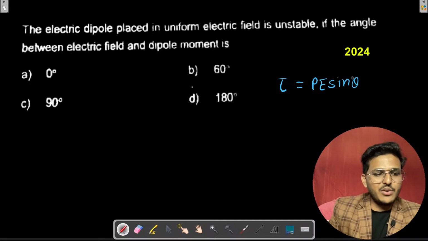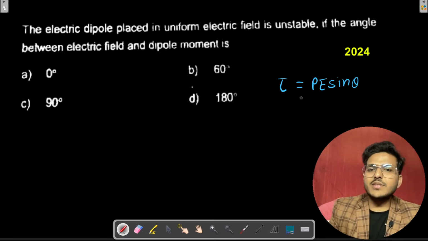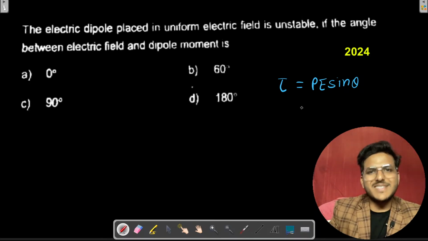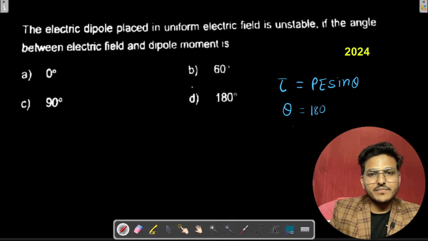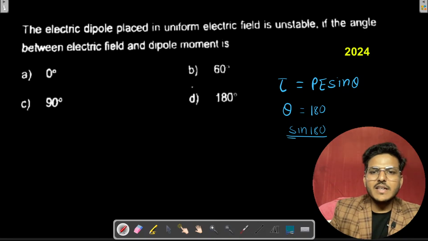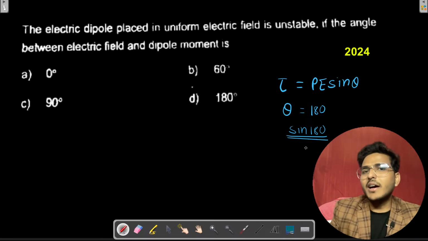The stability depends on this theta. Now, theta equals 180 degrees, then sin 180 degrees.